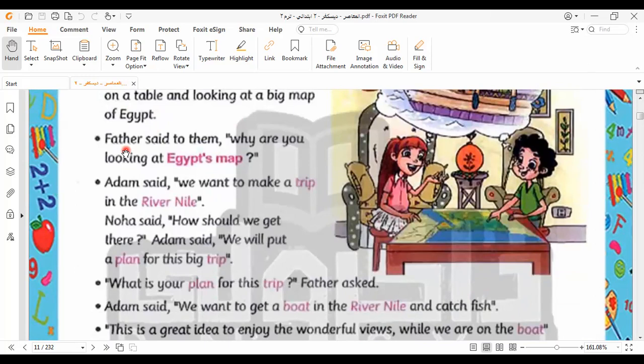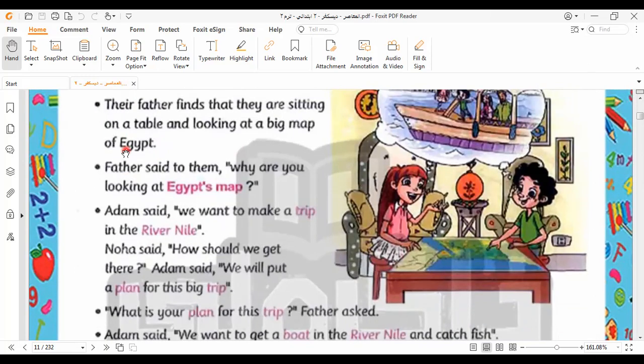And now, instead of a map, we use GPS, and we can know this from their parents, our father, your father, when he is driving a car, we use this GPS to know the direction or the places that we are going to.